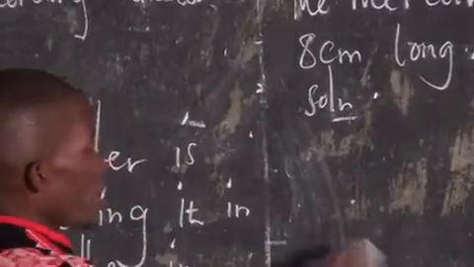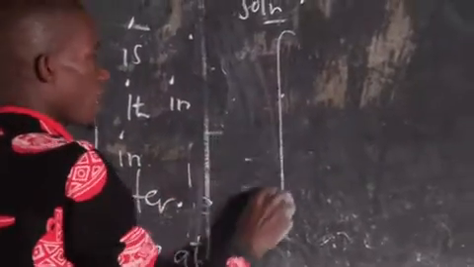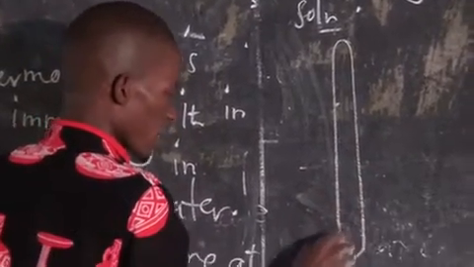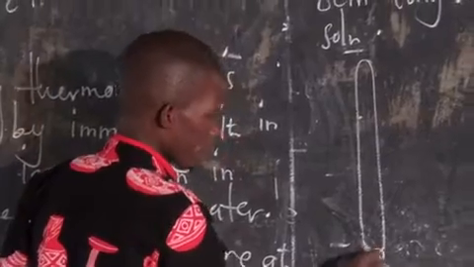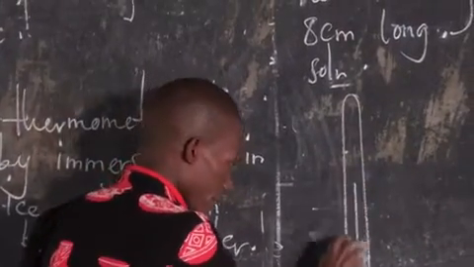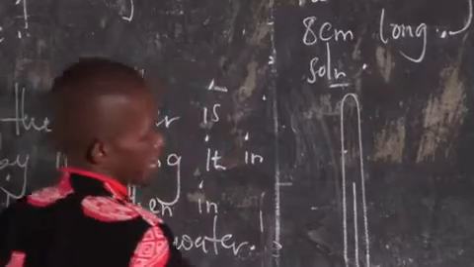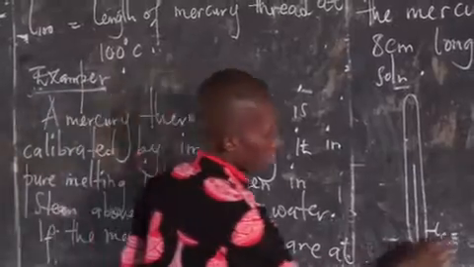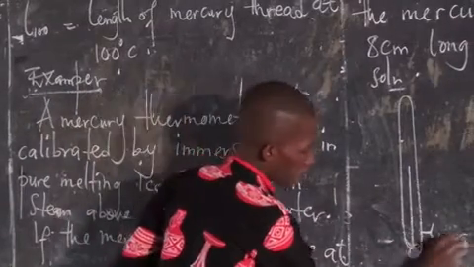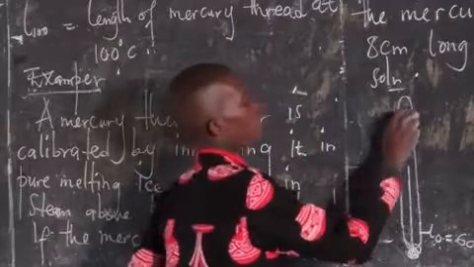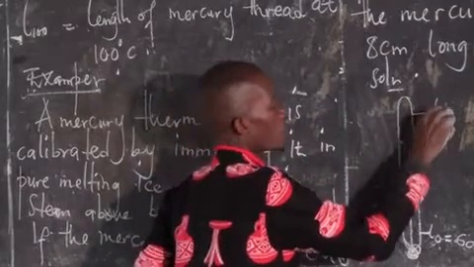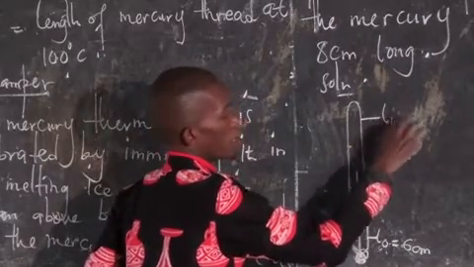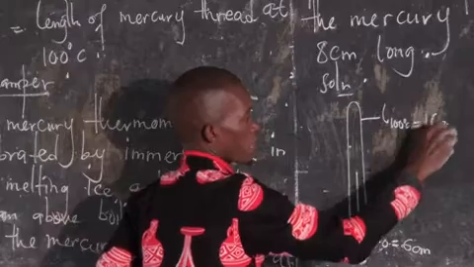We have the thermometer. This is the lower: L naught at 0 degrees Celsius is equivalent to 6 centimeters. We have the upper: L100 is equivalent to 16 centimeters.